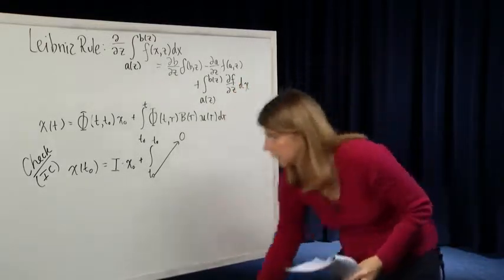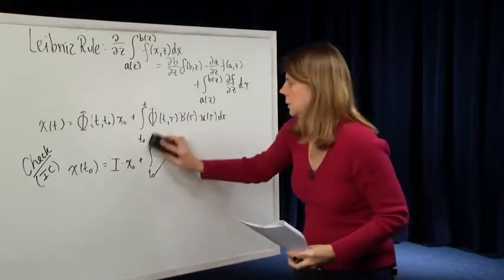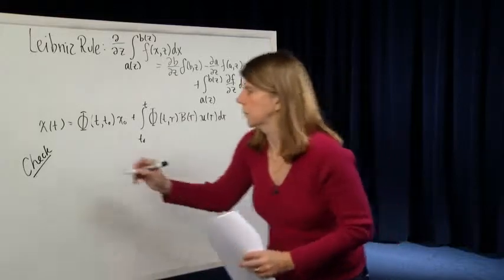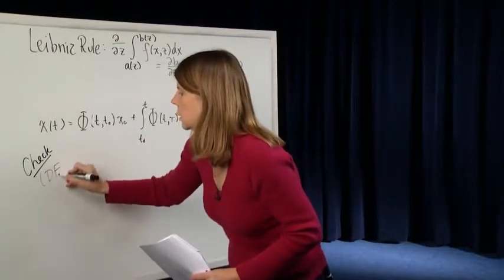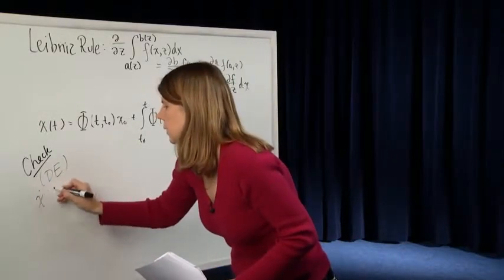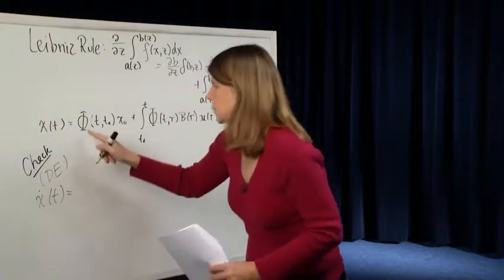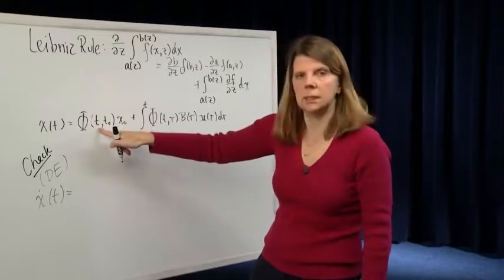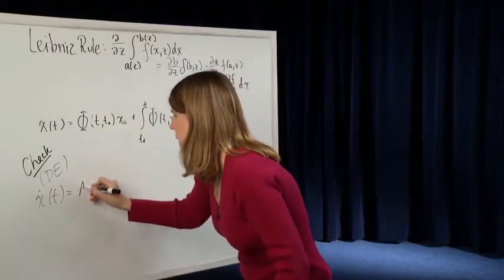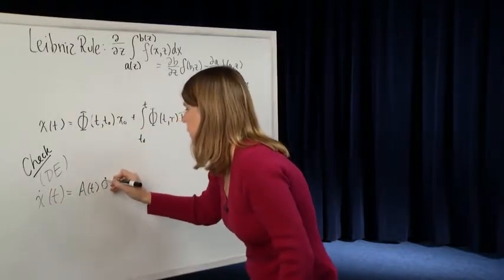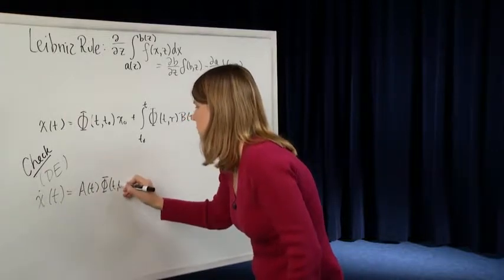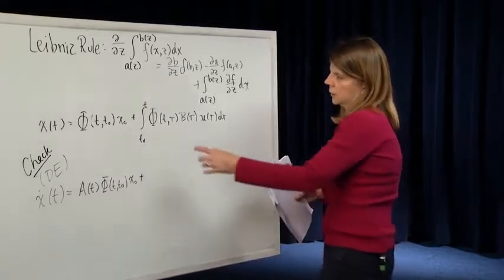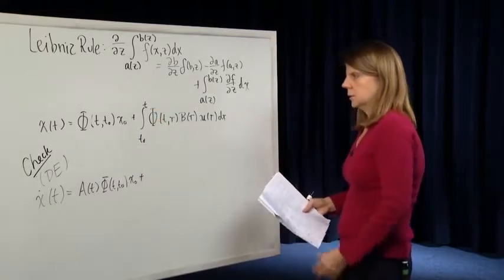We're now going to check that it satisfies the differential equation. So we'll erase the initial condition check, and check the differential equation. Okay, so the derivative x dot of t is equal to, so the derivative of phi, this term here depends on t only through phi, so it's a of t, phi of t, t0, x0, plus the derivative with respect to time of that integral.